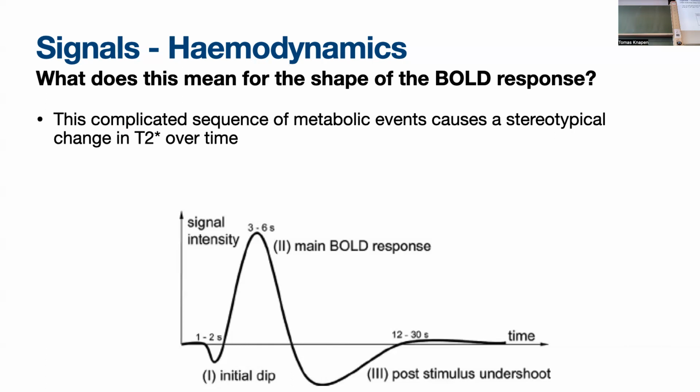But the main bulk of what we try to explain is based on that main BOLD response that peaks somewhere between 3 and 6 seconds. This is the reason why we cannot do very fast experiments. If you want to do sub-second precision experiments, it is very difficult with fMRI. You can do it, but you need to really know your stuff.